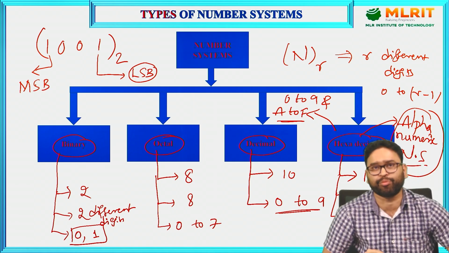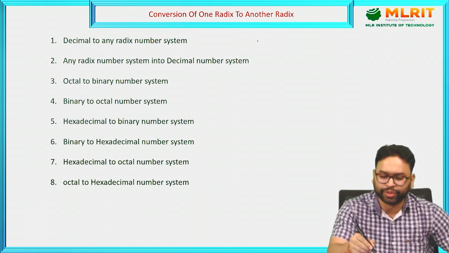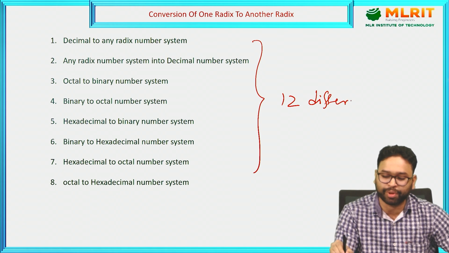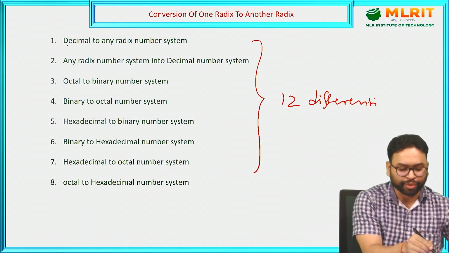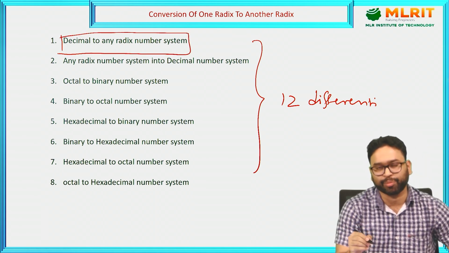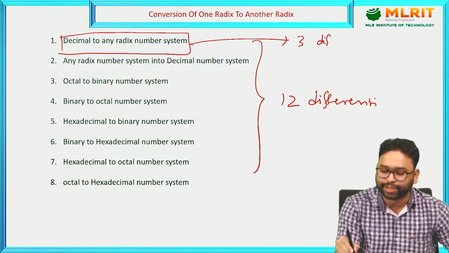Next, coming to the conversions. As I already told you, we're going to have 12 different types of conversions with the possible basic number systems. In that, I'm going to cover the first topic, that is decimal to any radix number system, which itself covers 3 different conversions.